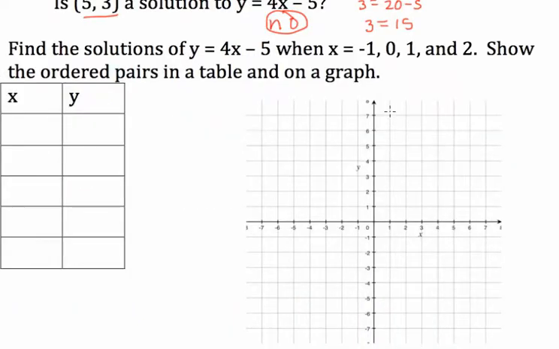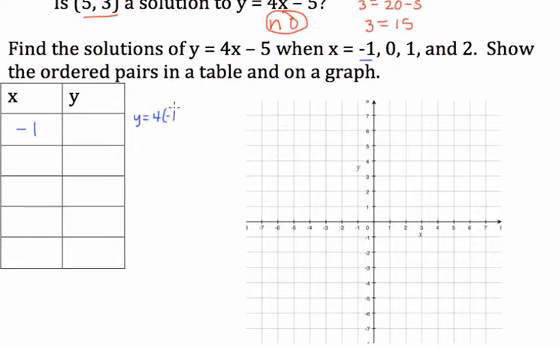What this problem is asking is to now find the solutions, and they give us the x-coordinates. They tell us the x-coordinates are -1, 0, 1, and 2. They want to know the y-coordinates that go with those. Show them in a table and on the graph. So let's do the first one. When the x is -1, what will the y be? Well, use your equation. Y equals 4 times -1.